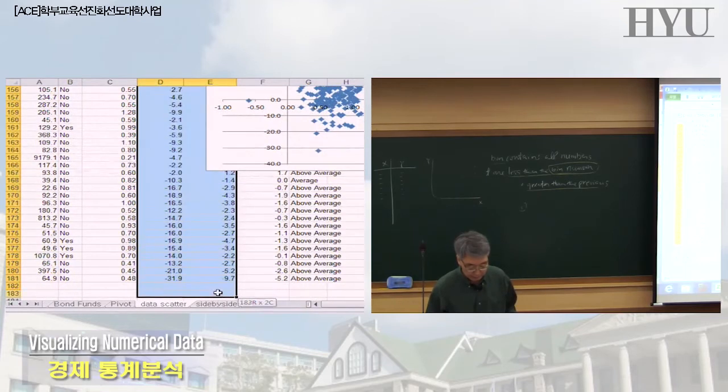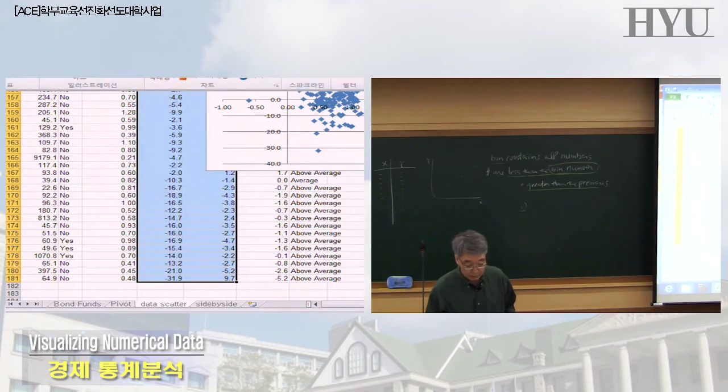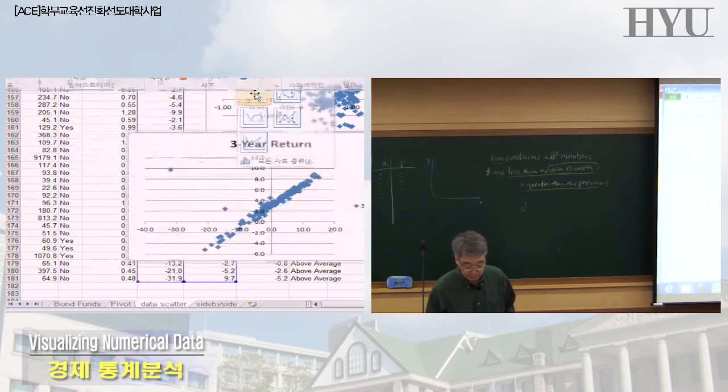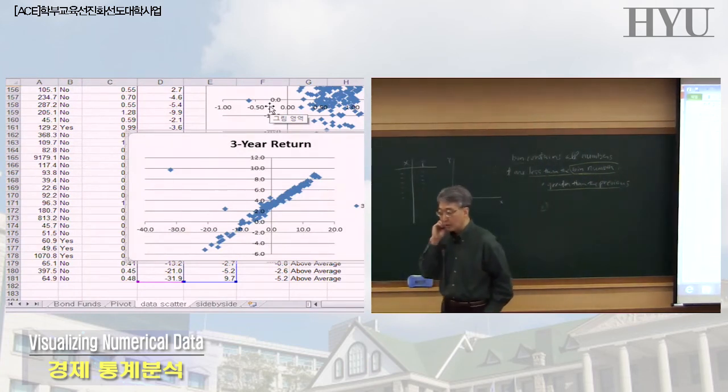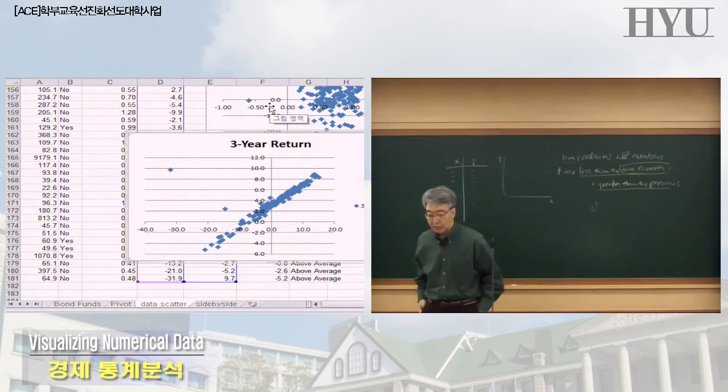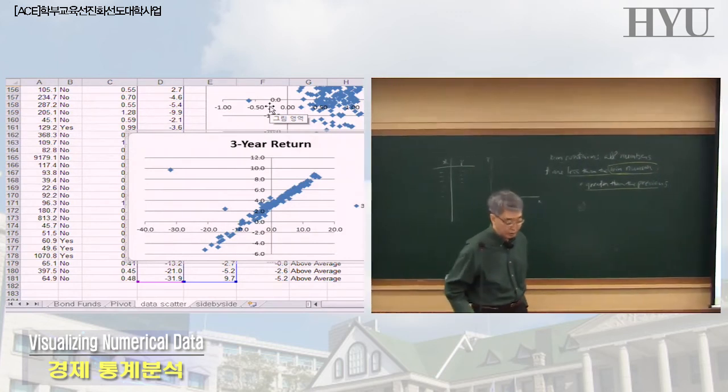Something like that, right? So you can say, again, insert, scatter. Well, here we have a pretty clear pattern, right? So by creating a scattergram, you can see the pattern or relationship pretty quickly, okay?